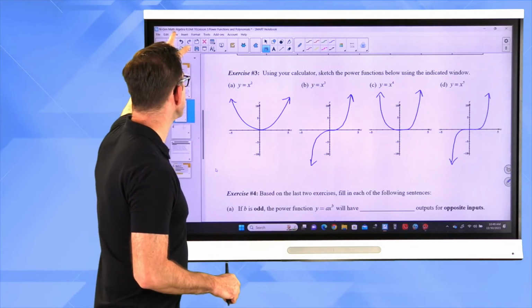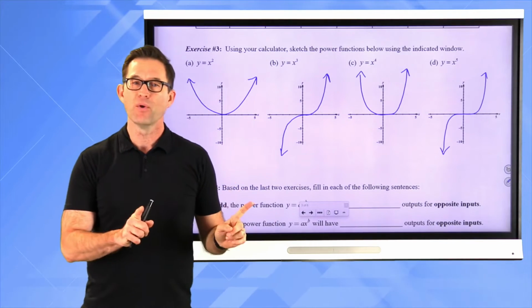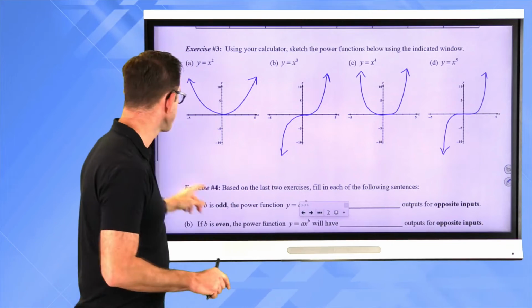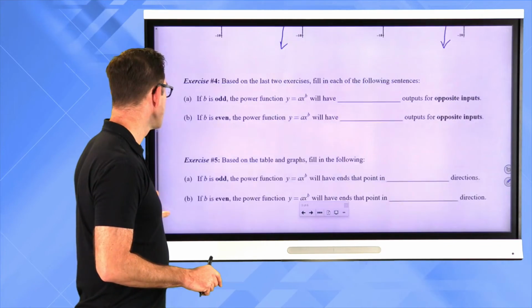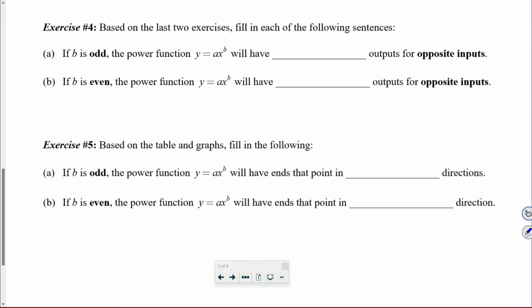What we now want to do is get down some general trends, based on both the table and the graphs. So let's take a look at exercise number 4. Based on the last 2 exercises, fill in the following sentences. Letter A. If b is odd, the power function y equals a times x to the b will have blank outputs for opposite inputs.